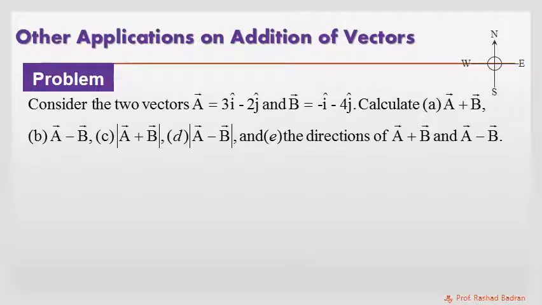This is an application for addition of vectors in 2 dimensions. In this problem, consider two vectors, a equals 3 i hat minus 2 j hat, and b equals minus i hat minus 4 j hat.